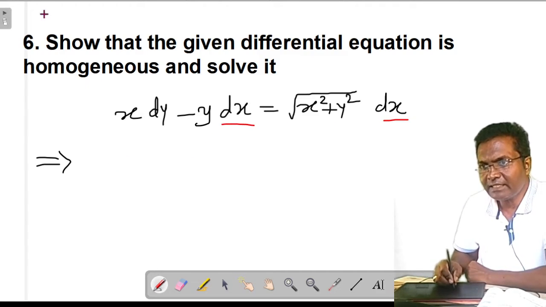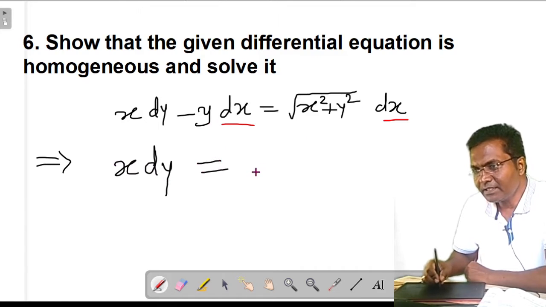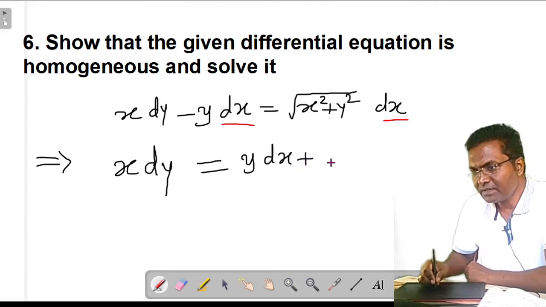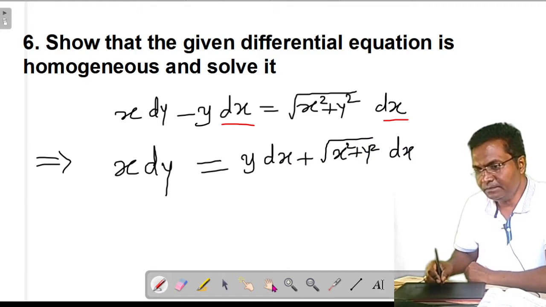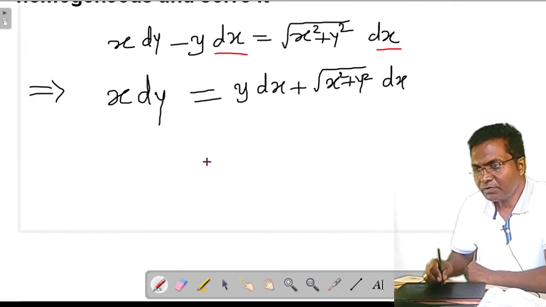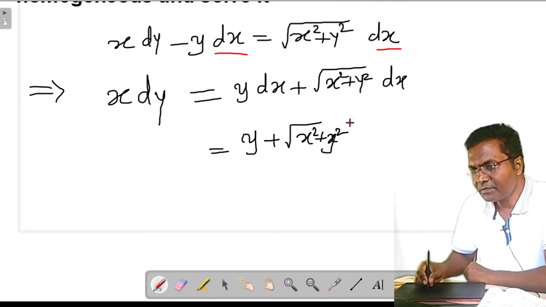I can write it as x dy is equal to, I can bring this y to this side, so it is y dx plus square root of x squared plus y squared dx. So I can take dx common. So I can write it as y plus root of x squared plus y squared into dx.